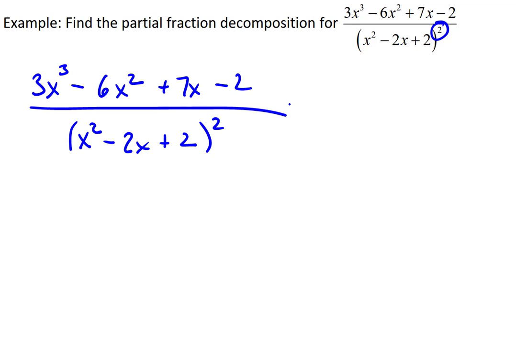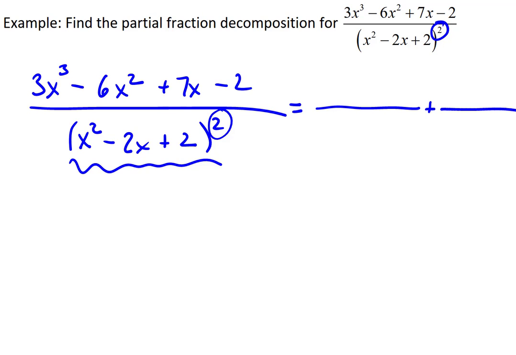Now we're trying to create our decomposed rational equation, and we're going to combine a couple things we already know. First of all, when you have repeated factors in a denominator, remember you have to increment from the first of them all the way up to as many as you have, which in this case is 2.